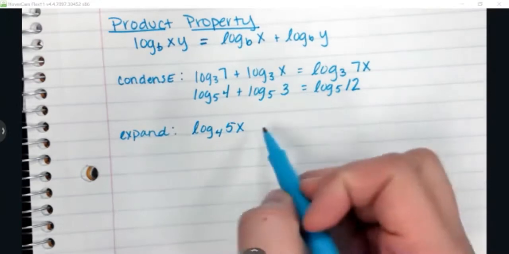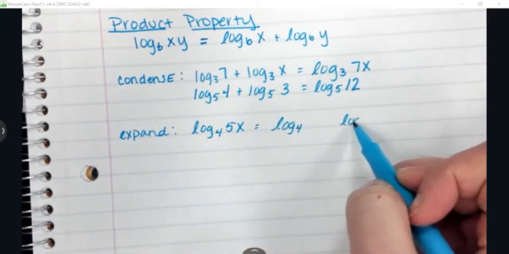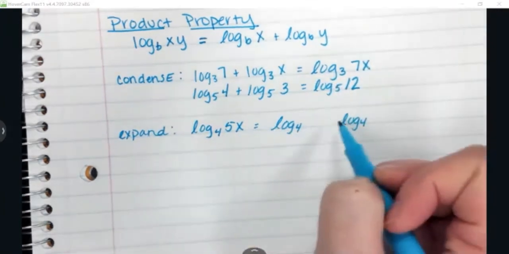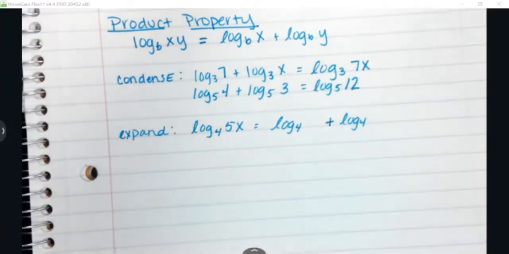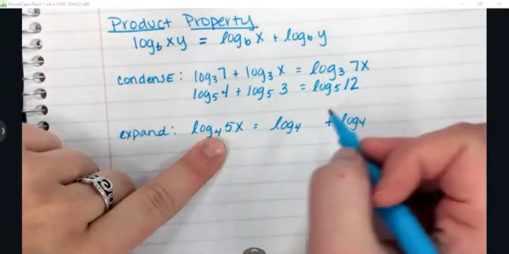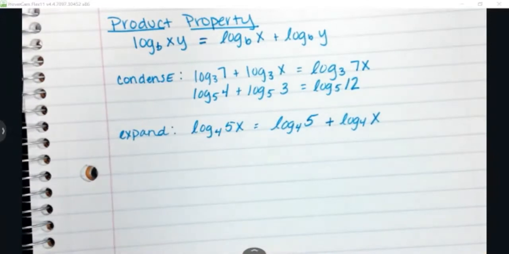That means I need 2 logs. Since it's 5 times x, multiplication has an addition sign between my logs. What are the two things I'm multiplying? I'm multiplying 5 and I'm multiplying x.